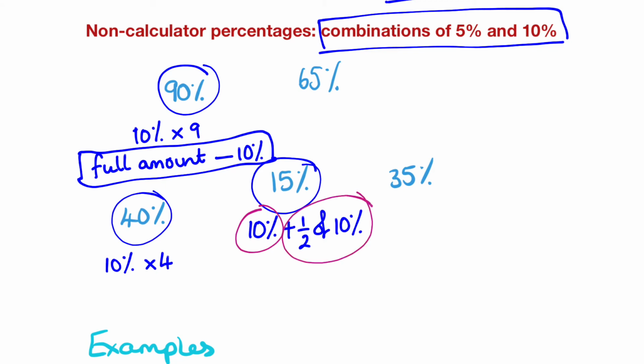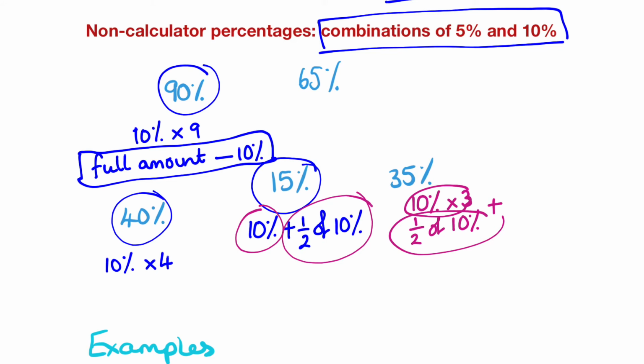So thinking about 35%, how could we work that out from 10%? Well, to get our 30, we'd need to do 10% times 3. And then to get 5%, we're finding a half of 10%, aren't we? So if we did 10% times 3, that would give us 30% here. And then if we did a half of 10%, that would give us 5%.